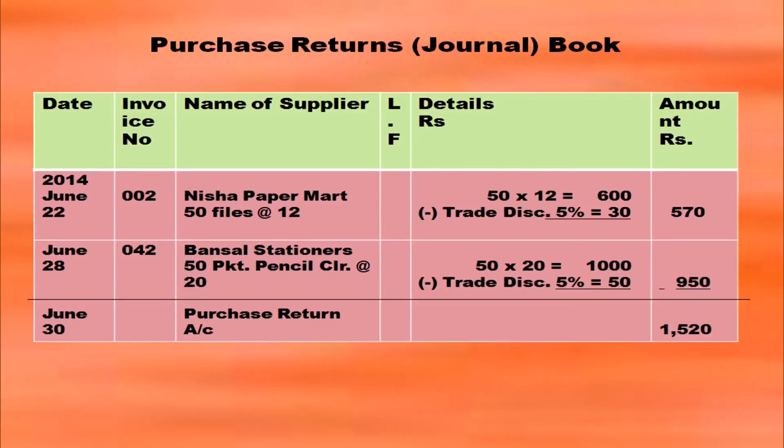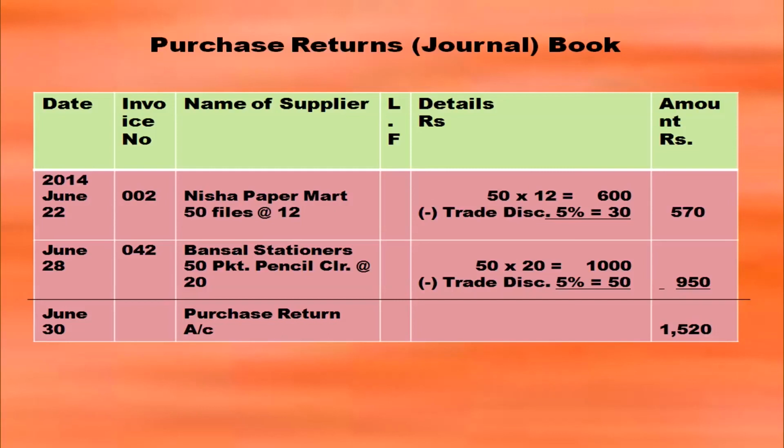Date, debit note number, name of supplier, ledger folio column, details, amount. 2014 June 22nd, debit note number column, and then coming to name of supplier, we have returned goods to Nisha Paper Mart, 50 files at rupees 12. 50 into 12, 600. Less trade discount at 5%, 600 into 5 by 100, 30. Net amount 570, that is 600 minus 30, will come in the amount column.